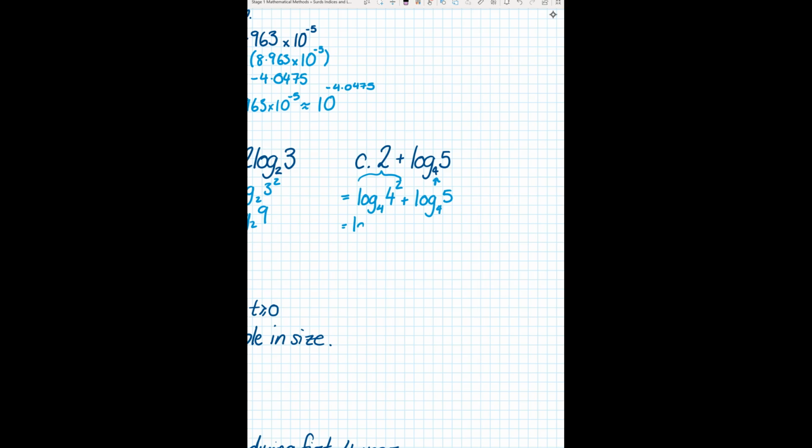Now, log base 4 of 4 squared is log base 4 of 16, plus log base 4 of 5. And we know from our log rules that we are going to multiply those two numbers together. So we have log base 4 of 16 times 5, which is the log base 4 of 80.